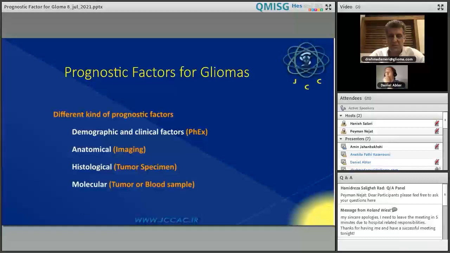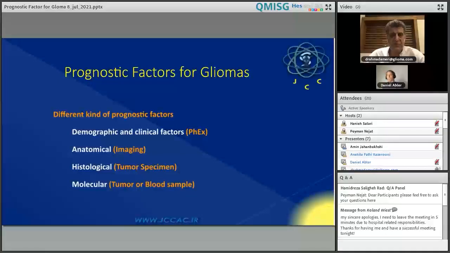The first category would be the demographic and clinical factors that we usually obtain from physical examination of the patient and taking a history of the disease, which usually goes back several months before the presentation, and even sometimes several years before presentation in the low-grade gliomas.